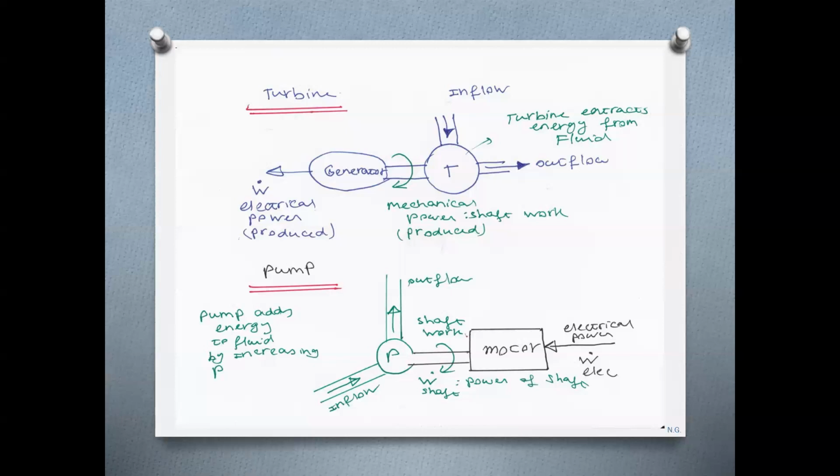But for a turbine, because it is the turbine that extracts the energy from the working fluid, when you are applying the energy equation to the fluid passing through a turbine, the power of the turbine will be subtracted from the fluid.